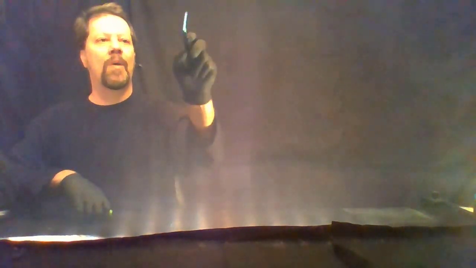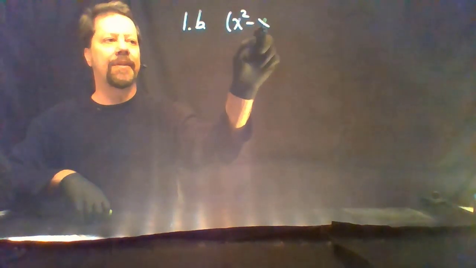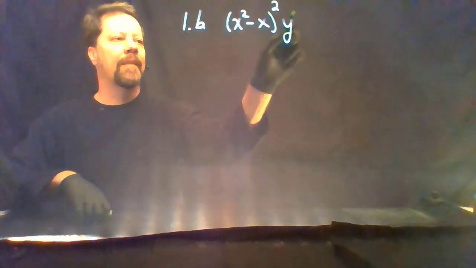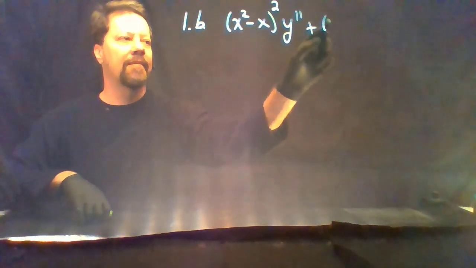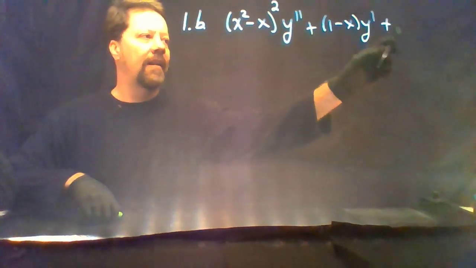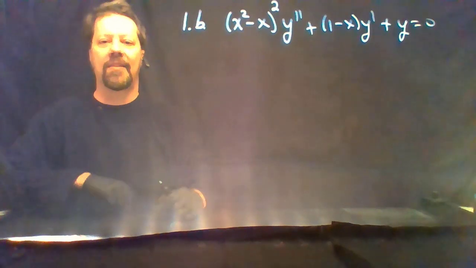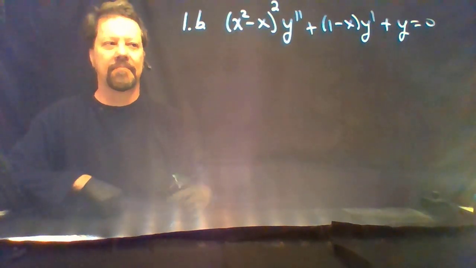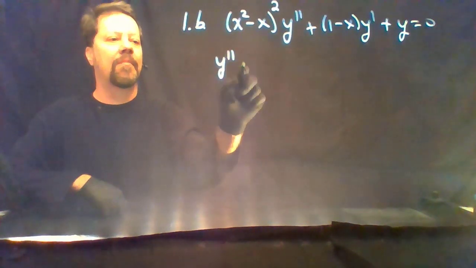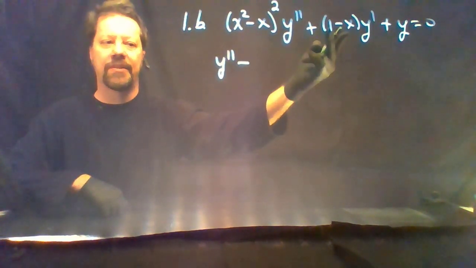On problem 1b, things are going to look very familiar, except that I'm going to square this, and one other thing. We're not going to have a coefficient of x on the y this time. Putting this into the standard form, we'll still have to reverse the order of this subtraction.